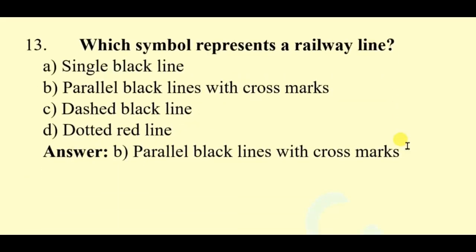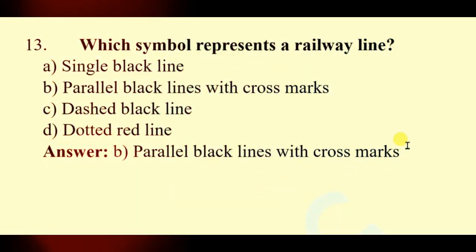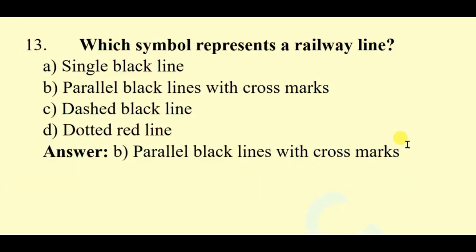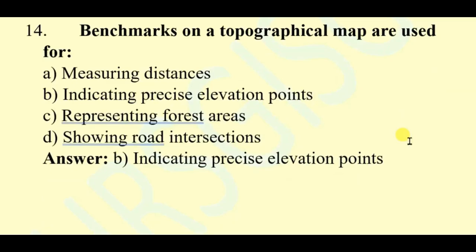Question 13. Which symbol represents a railway line? Single black line, parallel black lines with cross marks, dashed black line, dotted red line. Here the right answer will be parallel black lines with cross marks. Question 14. Benchmarks on a topographical map are used for measuring distances, indicating precise elevation points, representing forest areas, showing road intersections.